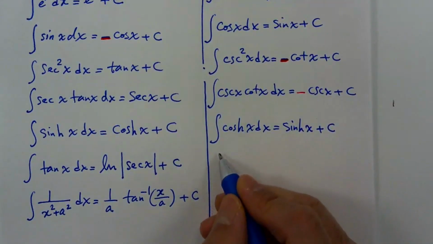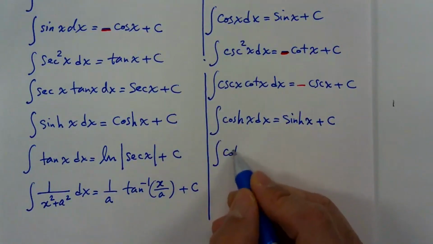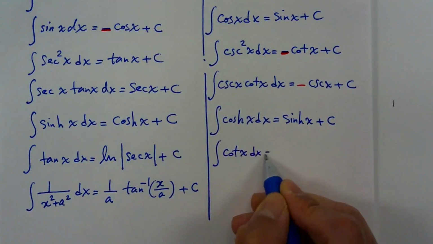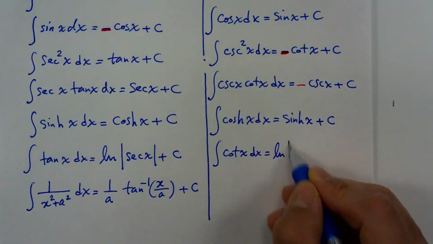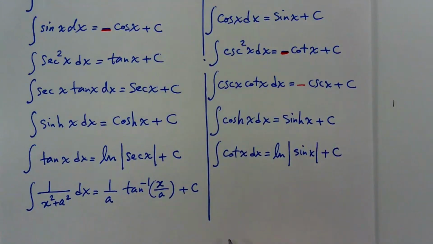And then the integral of cotangent of x dx is equal to natural log of sine x plus c.